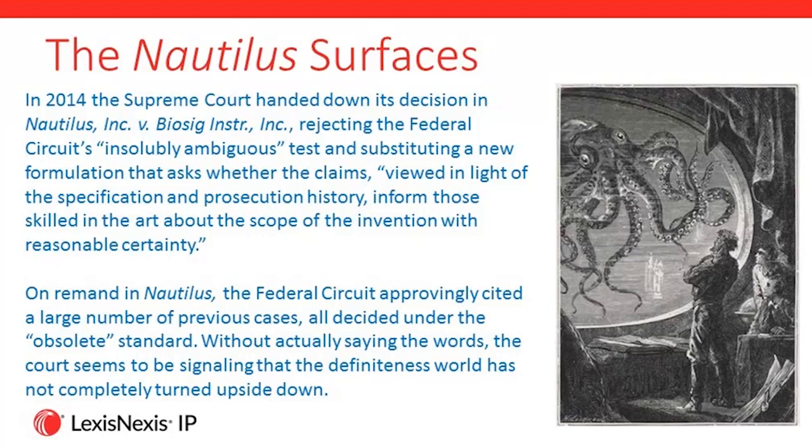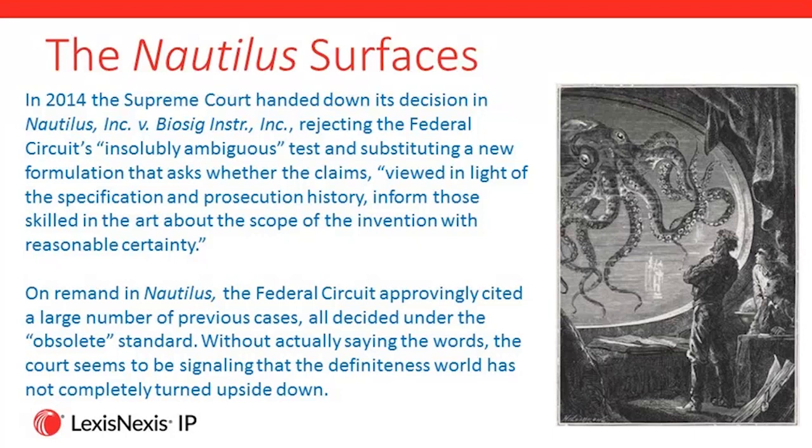But the insolubly ambiguous test, for lack of a better way to describe it, was insolubly ambiguous itself, and patent law throughout is always about what one of skill in the art would understand.